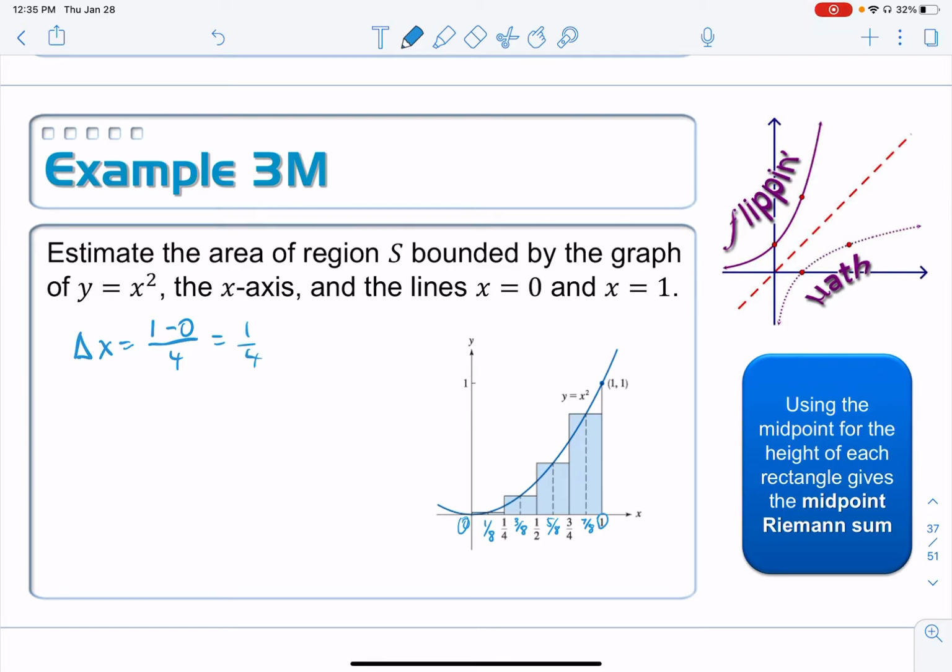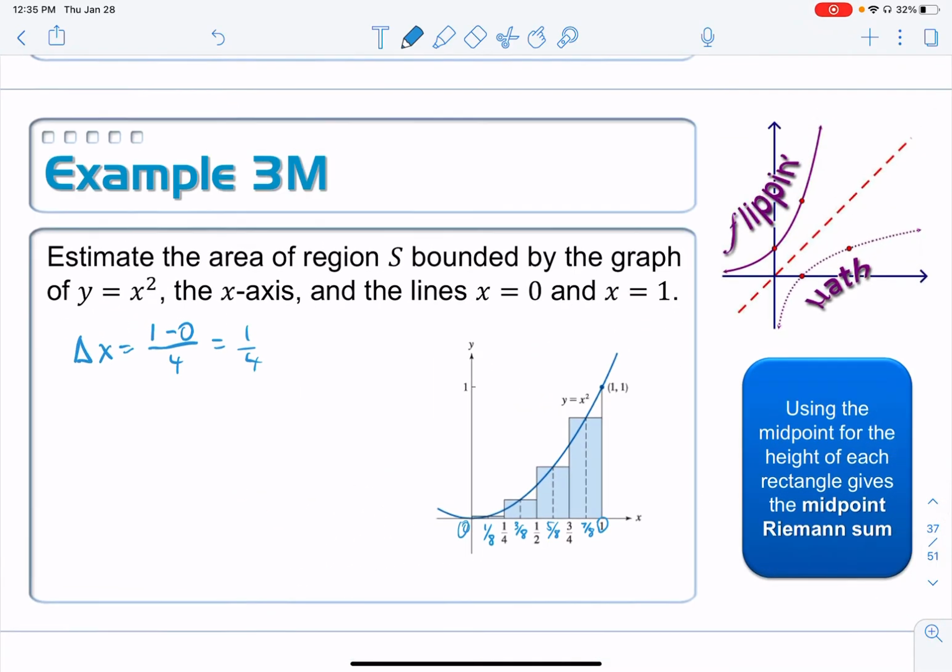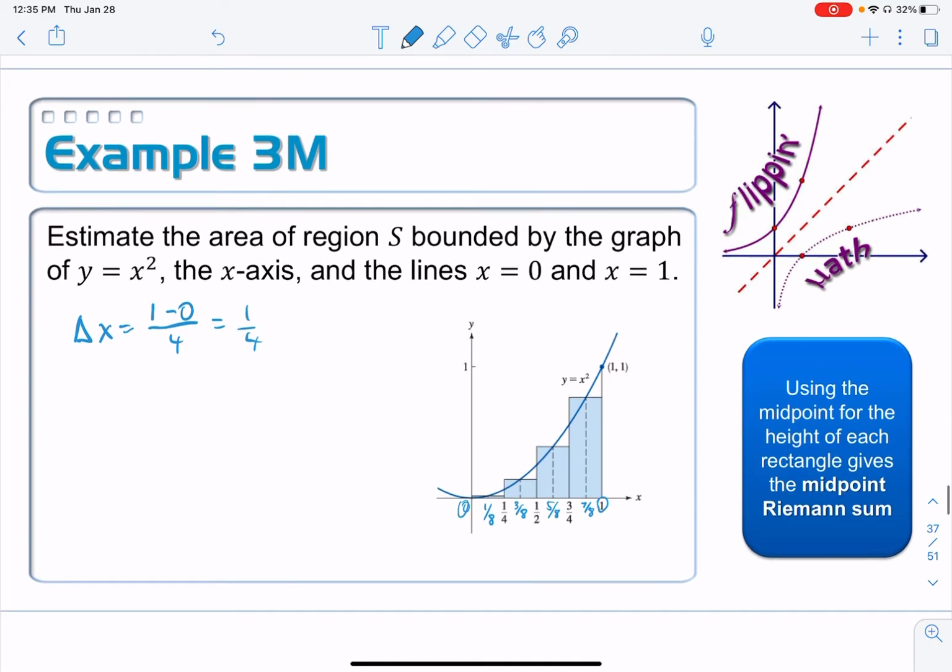I went through all those steps, even though it was totally obvious, because we want to be able to do it when it's not drawn out for us like this particular example is. Okay, so there's our width of our subinterval.